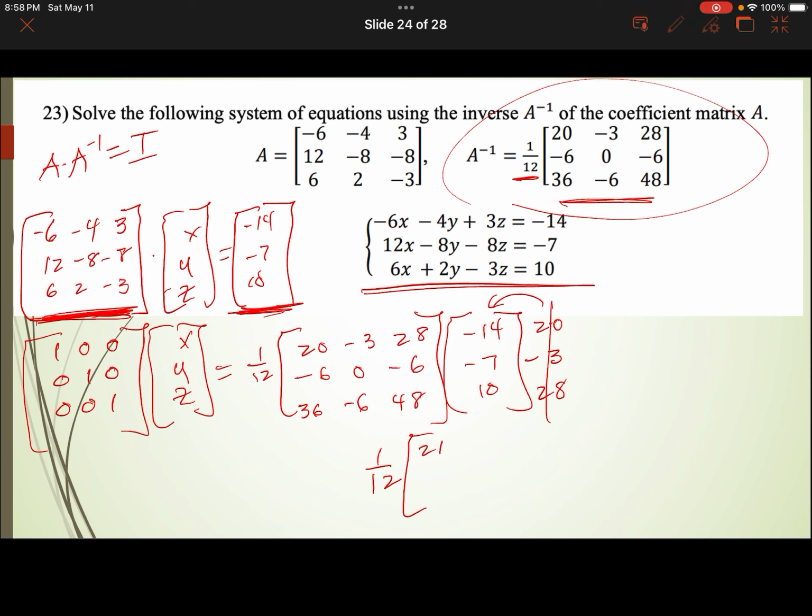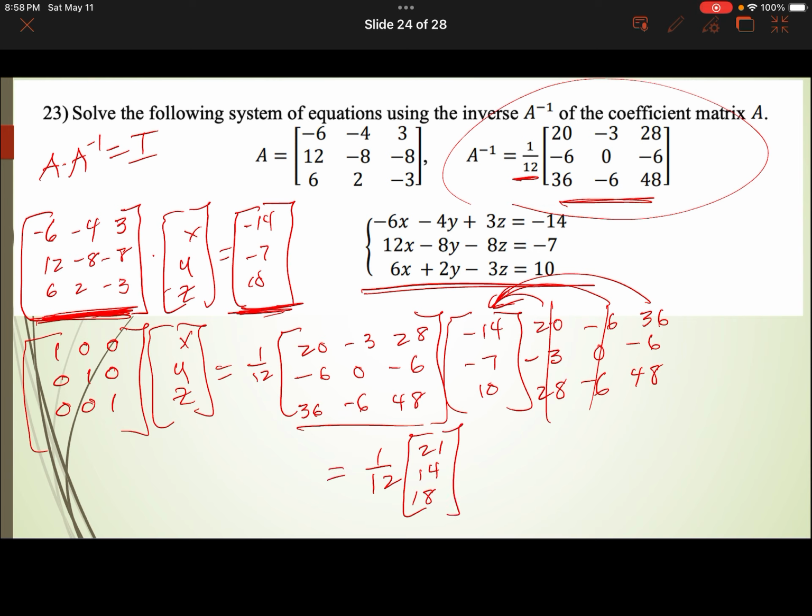So I'm done with that row. Then I take -6, 0, and -6 and multiply it through, and I get 14. And then I take the next row, 36, -6, and 48, and multiply it through, and I get 18.